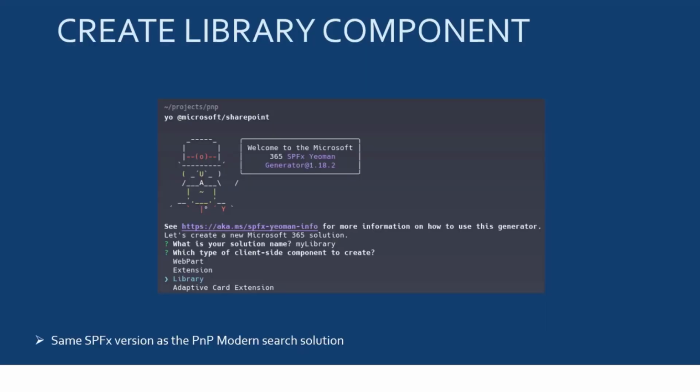So first, to create a custom web component, you need to create a SPFx library component. And it's important that you check that the library that you're creating has the same SPFx version as the SPFx version used by the PnP Modern Search solution that you have deployed on your tenant.